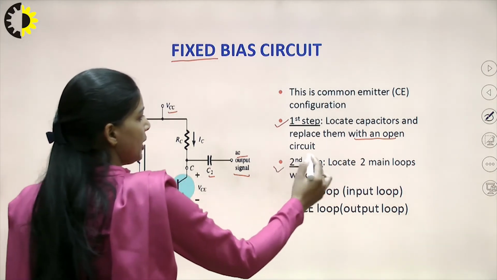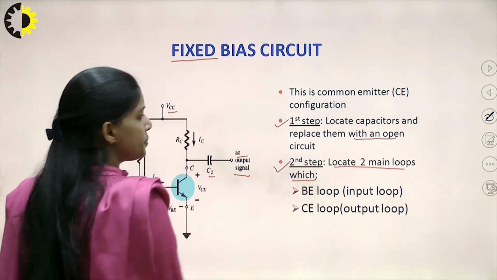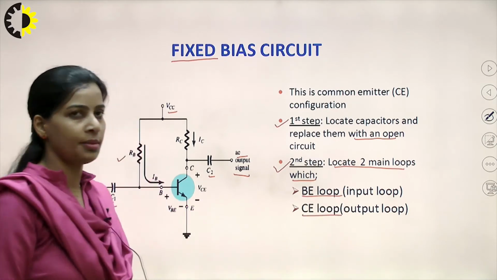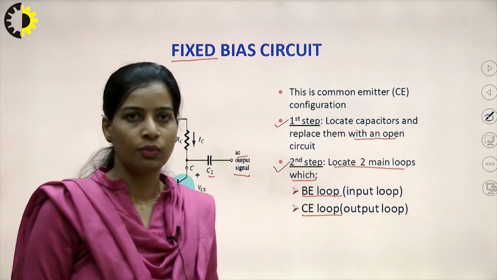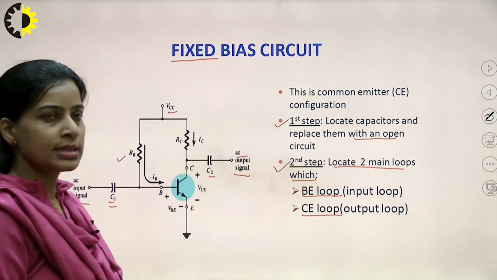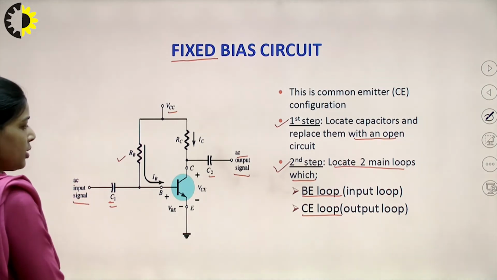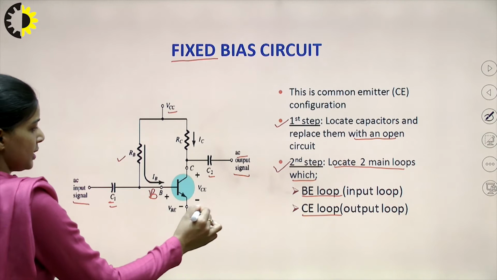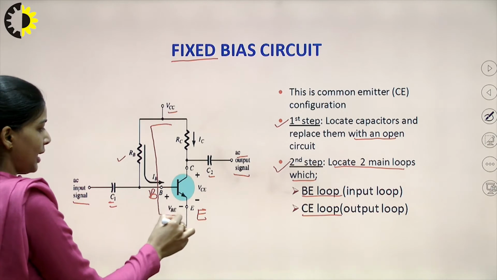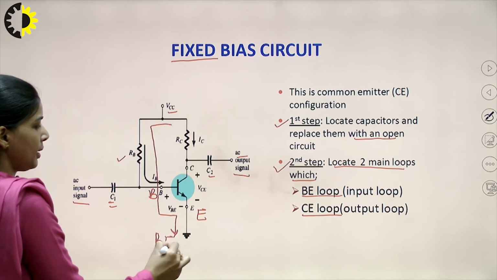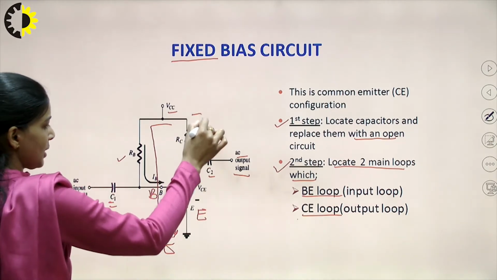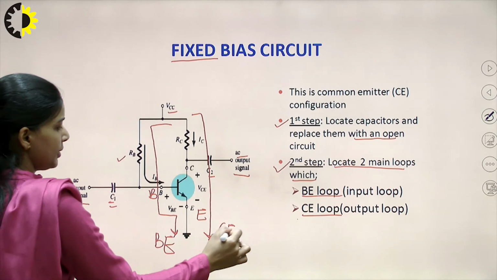The second step is to locate the two main loops. What are the two main loops here? The base emitter loop and the collector emitter loop, that is, one is the input loop and one is the output loop. The same procedure we will follow for all the biasing configurations. The base emitter loop: this is the base terminal, this is the emitter. One is the input loop, which will be the base emitter loop, and the collector emitter is the output loop, which will start from this collector and move towards the emitter.